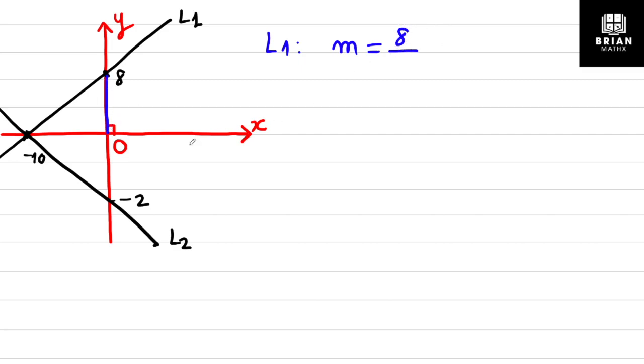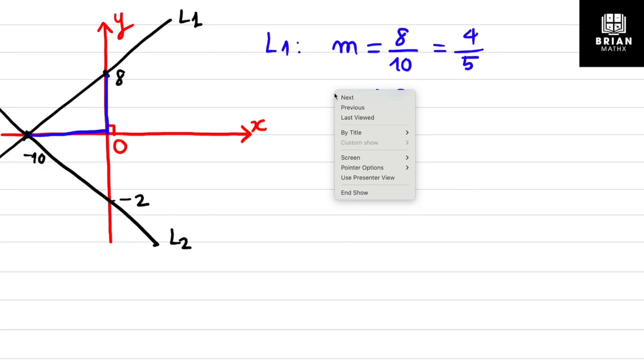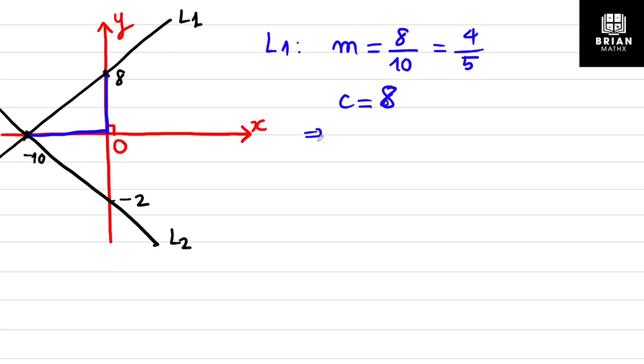What is run? This one is run, 10. So 4 over 5. And because this one is an increasing line, we have a positive gradient. We don't need to care about the negative. So c equals 8. Very easy for this question. You got y equals 4 over 5 multiplied by x plus 8.